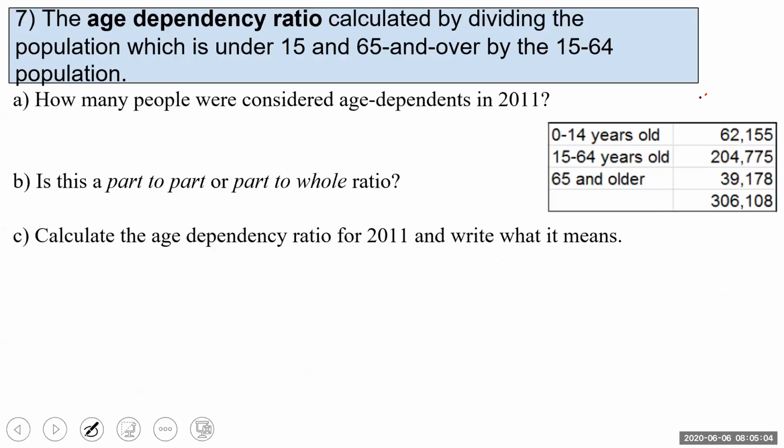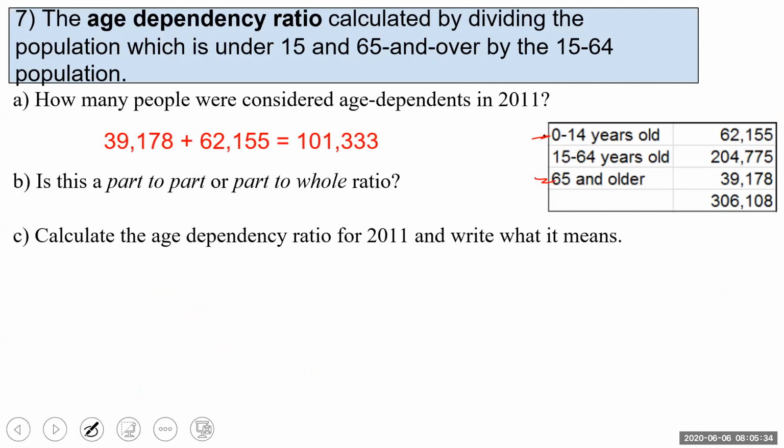And then finally we look at age dependency ratio. Now for age dependency ratio, what we do is we put the two dependent groups together and divide by 15 to 64. All right, the number of people in that group. And that is that. So you put the two together and that gives you people who are dependent in the economy, in the country.